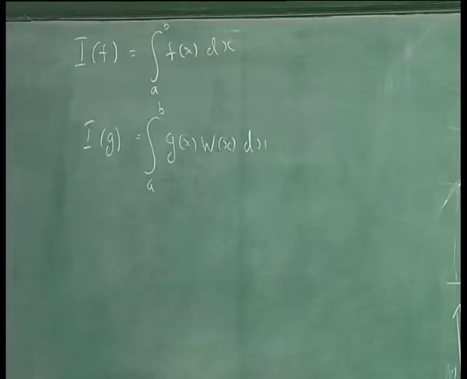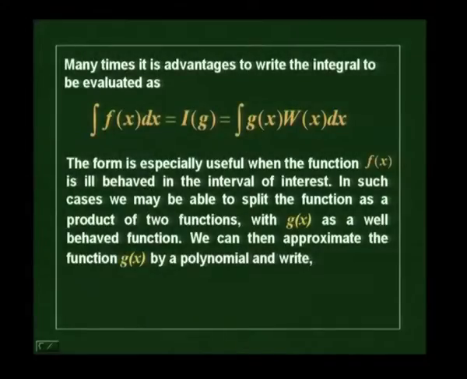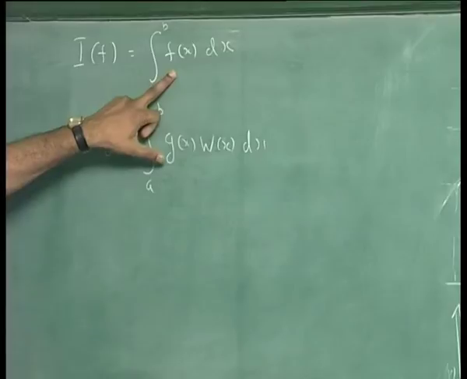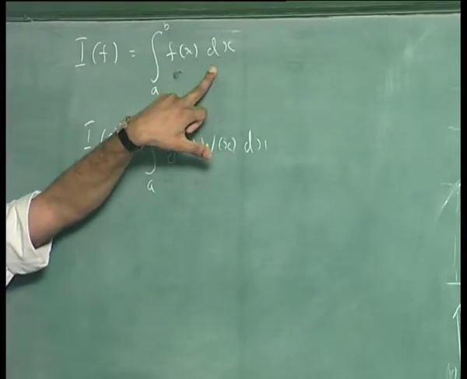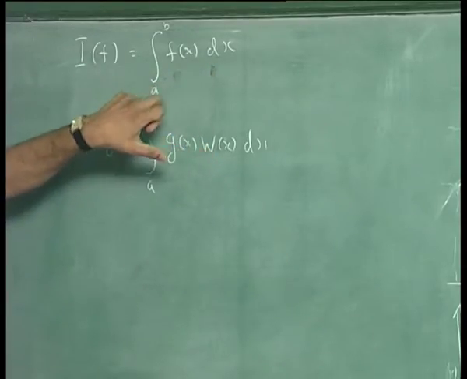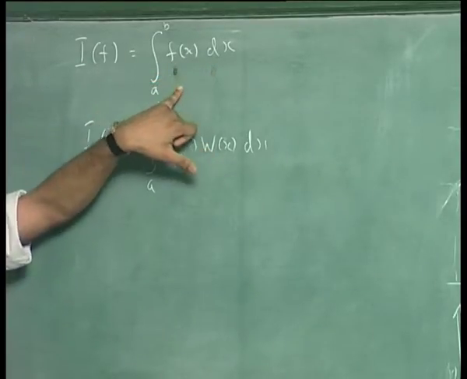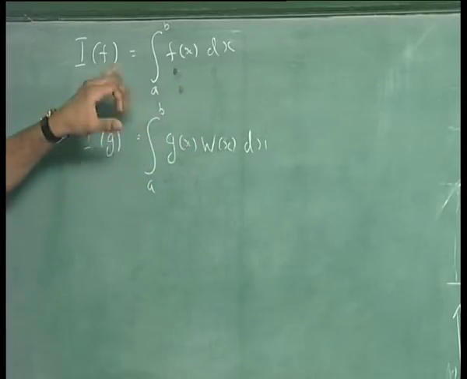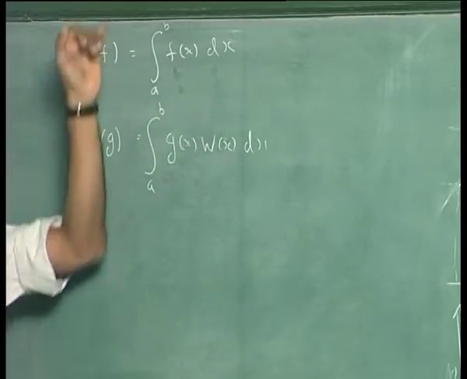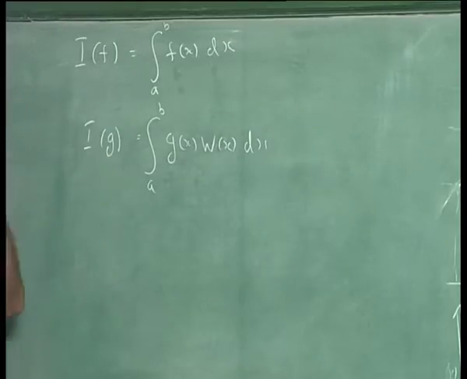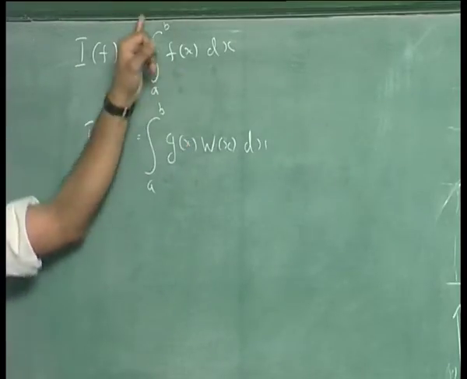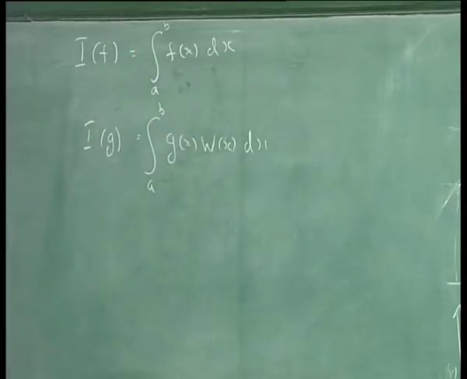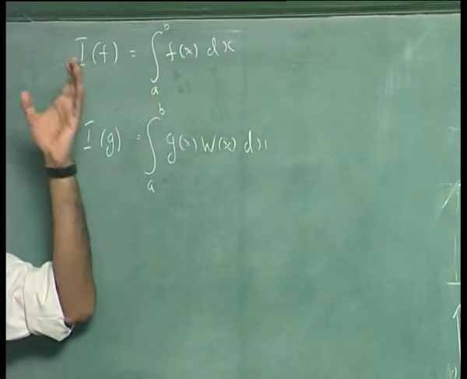Okay, now this is particularly of interest where the function f of x itself may not be very well behaved, but the integral is finite. For example, if you have a root x sitting in the denominator, and you want to integrate it from 0 to 1, or minus 1 to plus 1, then you will have trouble evaluating this function at 0, if it is 1 over root x, but the integral itself is finite.